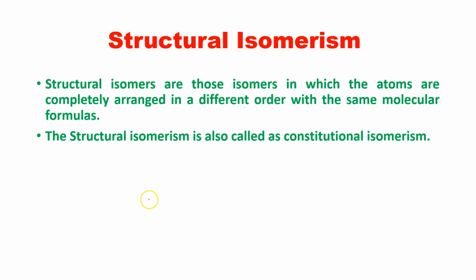Say for example, we will take butane. Butane has the molecular formula C4H10, but one of its isomers is isobutane. Suppose I have written isobutane.